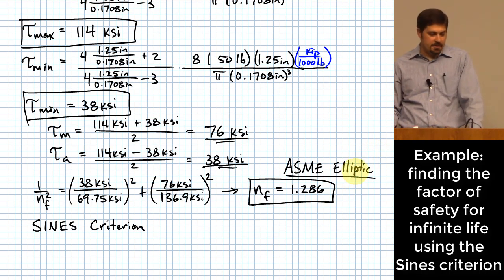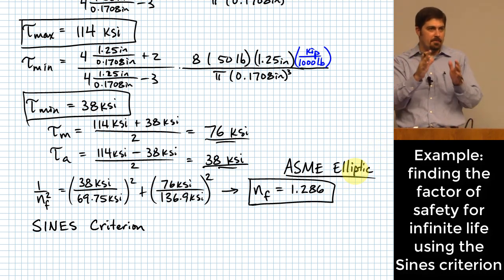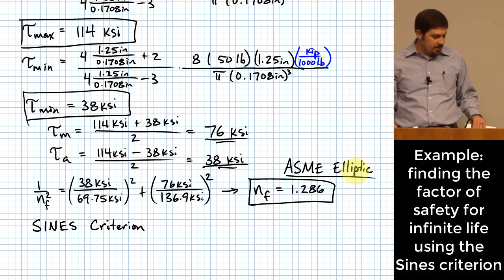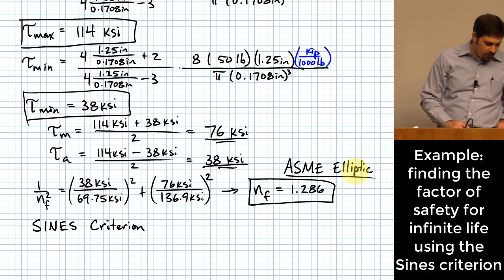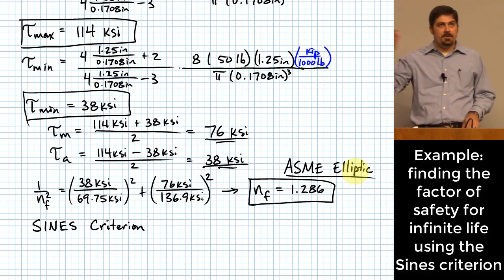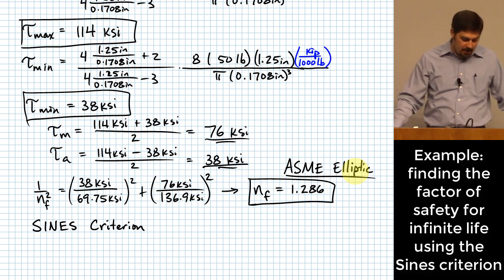In other words, it seems to be a function more of just the alternating component than of the mid-range component. And so with the Sines criterion they basically just say, we're going to ignore the mid-range value of stress.